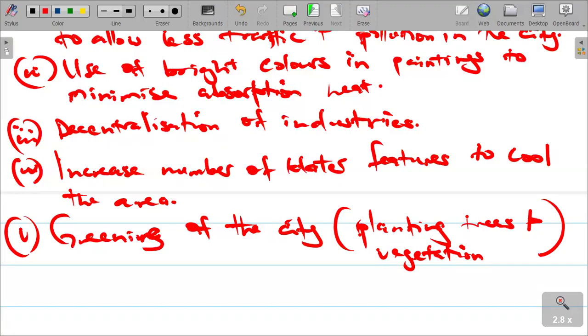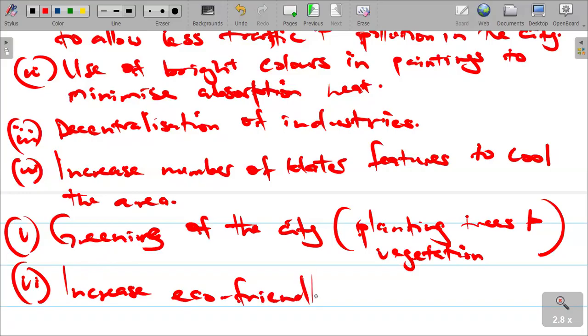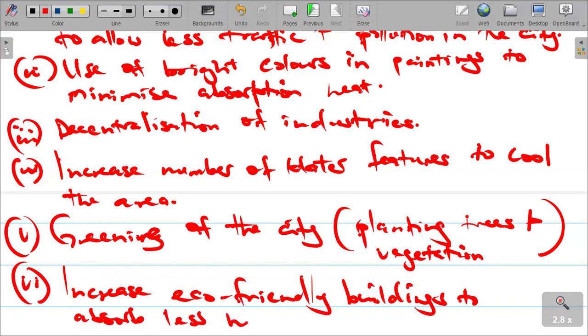And then this can also be minimized by increasing eco-friendly buildings to absorb less heat.